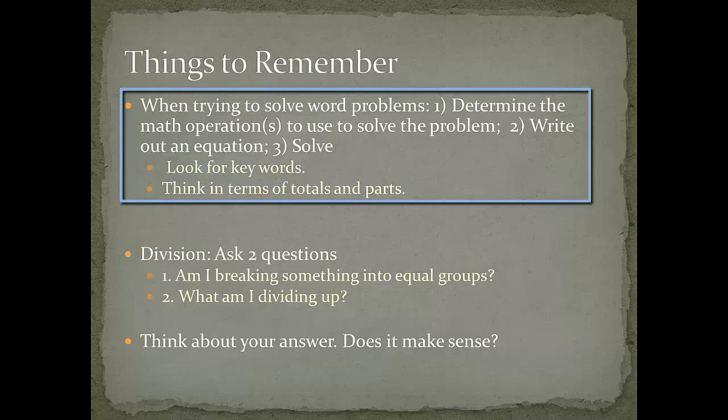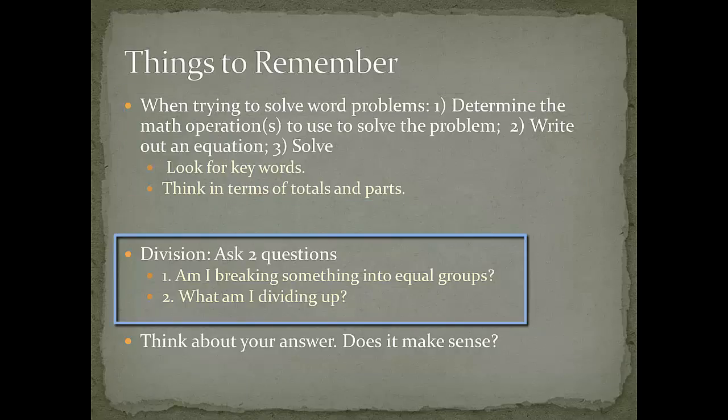So when you're doing that, first look for keywords or key phrases that can help you determine what math operation you're going to use, and then also use your problem-solving triangle and think in terms of totals and parts. That will help you determine whether you're going to limit it down to subtraction and division or limit it down to addition and multiplication.